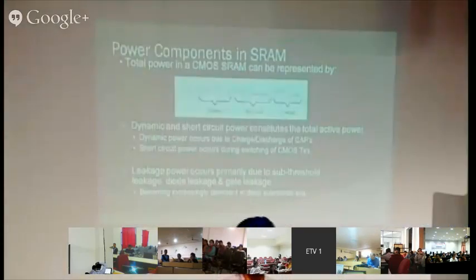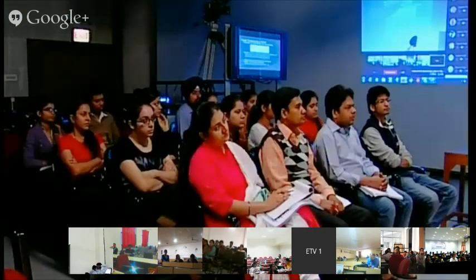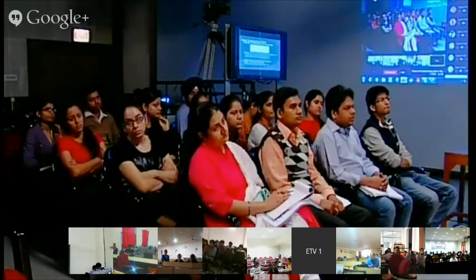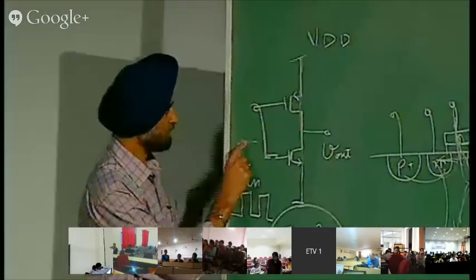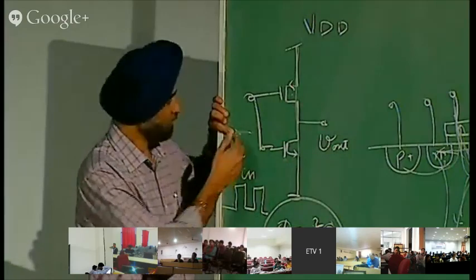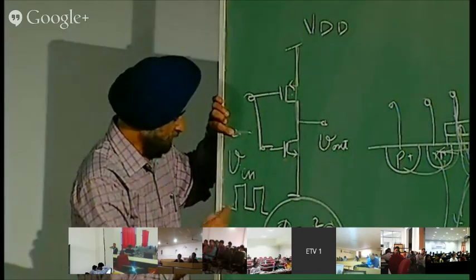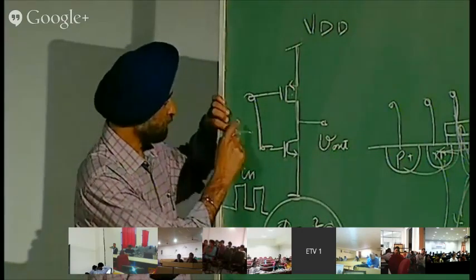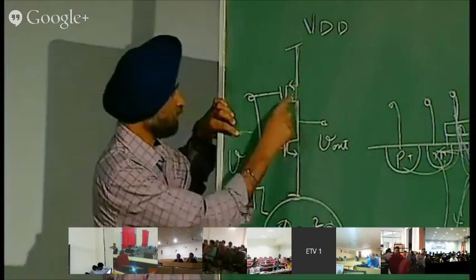So there are three types of power: active power, okay, and short circuit power. You see, suppose here the input is zero. If this is zero, this transistor is off and this is on. Then you suddenly make it 1. This will become on and this will become off.